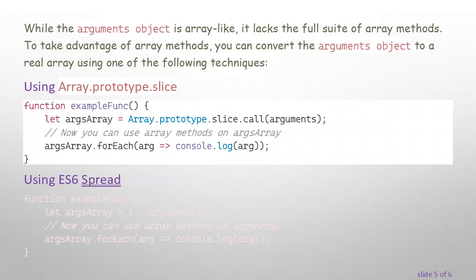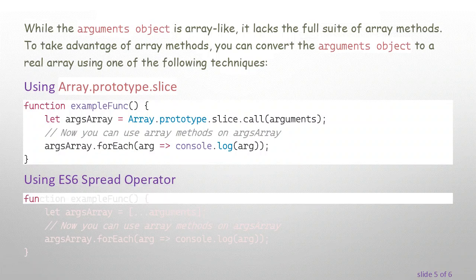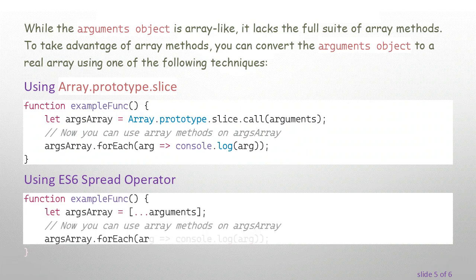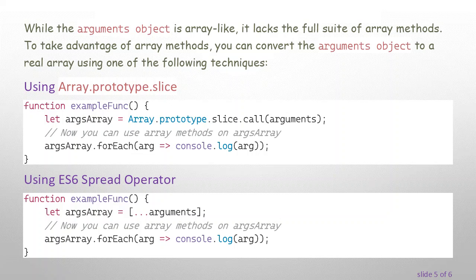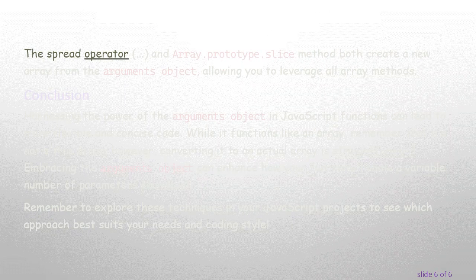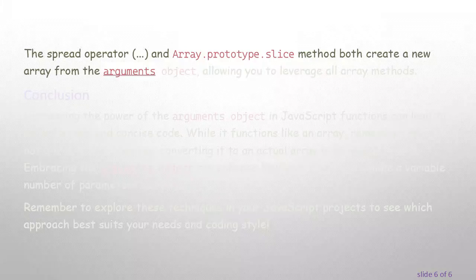Using ES6 spread operator. The spread operator and Array.prototype.slice method both create a new array from the arguments object, allowing you to leverage all array methods.